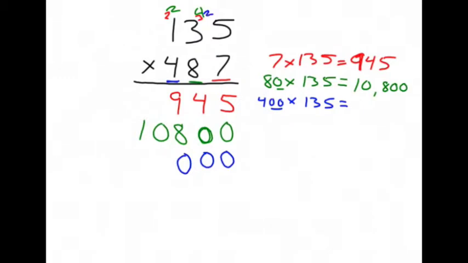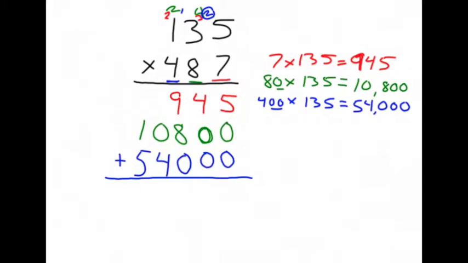Regroup the 2. 4 times 3 is 12. Plus 2 is 14. Regroup the 1. 4 times 1 is 4. Plus 1 is 5. Now what I need to do is add those up. By the way, 54,000 is the answer to 400 times 135.